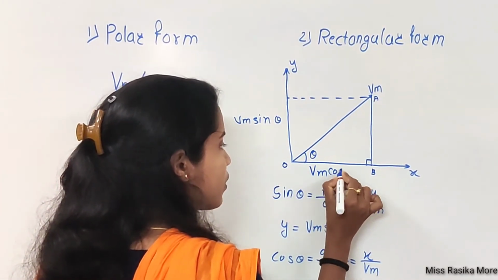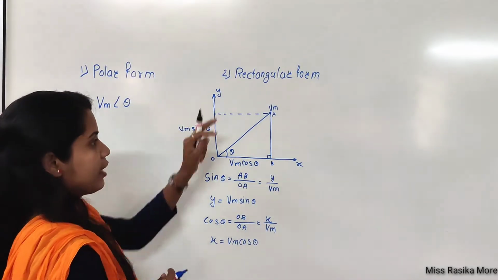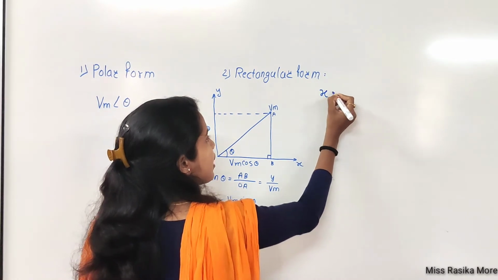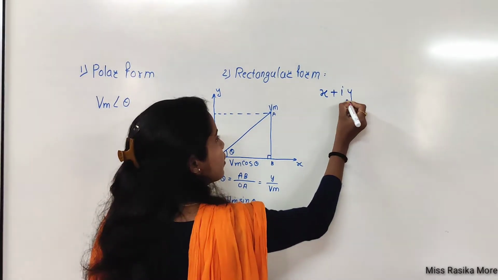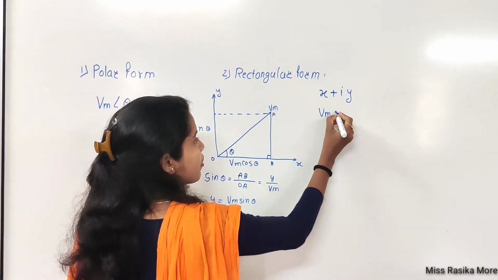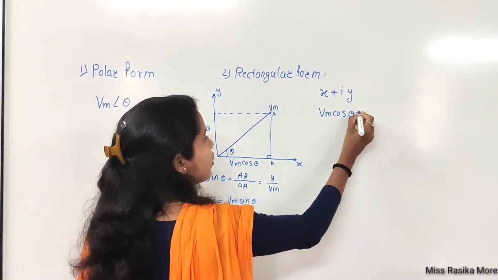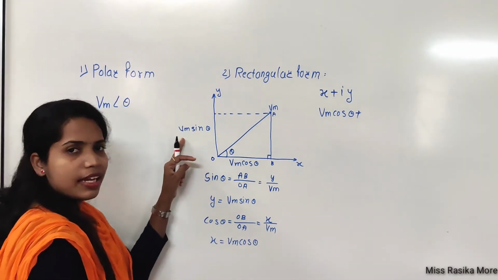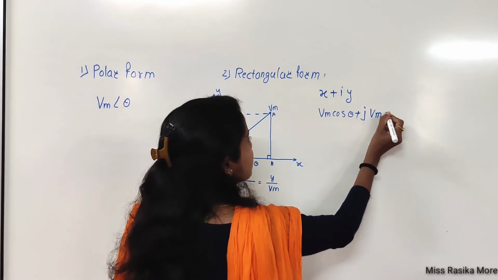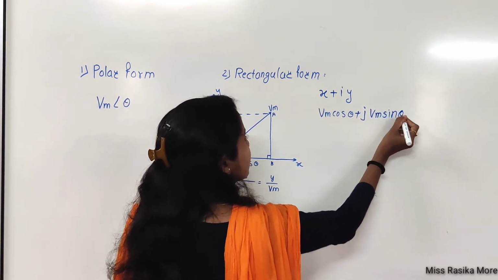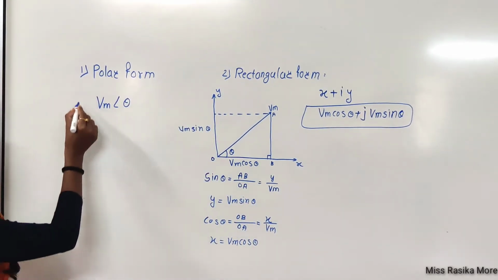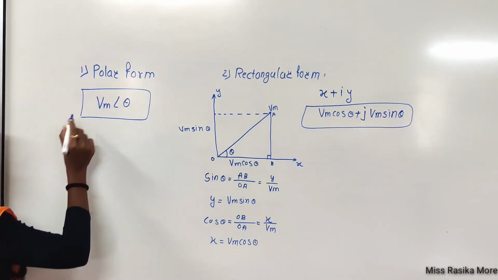Now in rectangular form the equation becomes x plus jy. So the x component is Vm cos theta plus the y component, j Vm sin theta. This is the representation in rectangular form and this is polar form.